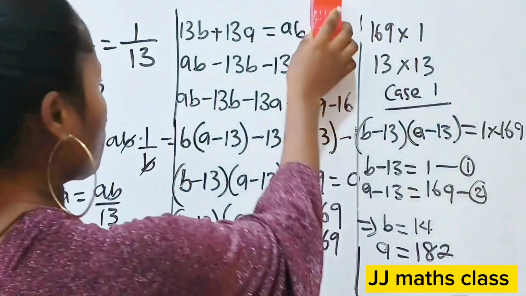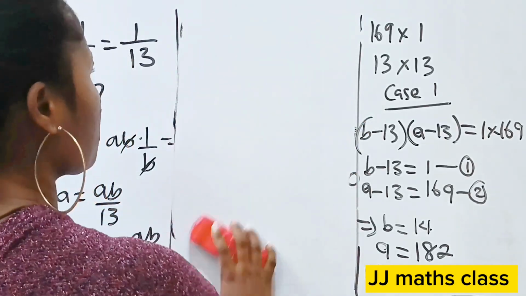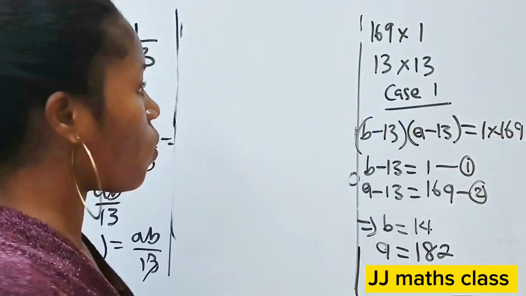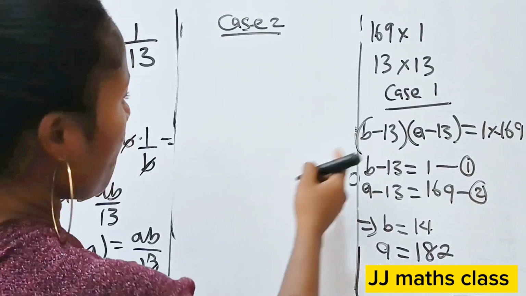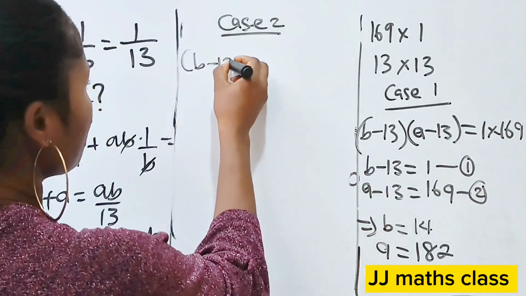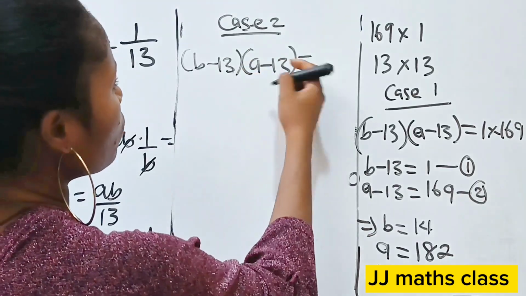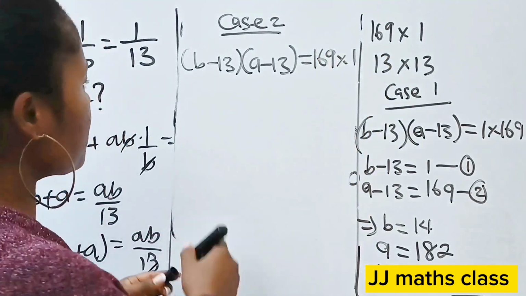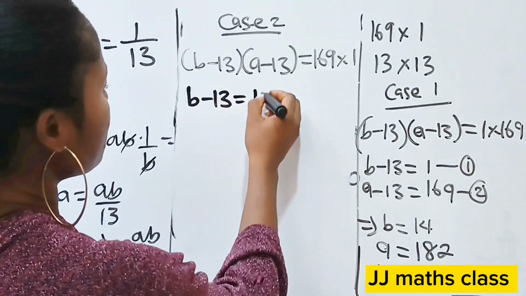Now let's go for case 2. For case 2, we said that 169 is the same thing as 169 times 1. So b minus 13 multiplied by a minus 13 is equal to 169 times 1. This simply means that b minus 13 is equal to 169.